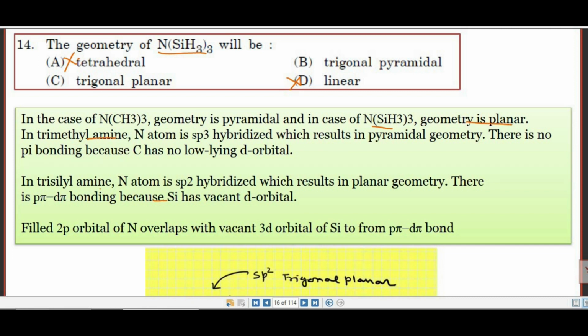In trimethylamine, the nitrogen atom is sp3 hybridized because it contains a lone pair of electrons, which results in a pyramidal geometry. There is no pi bonding because there is no d orbital. It has a lone pair of electrons and no d orbital, so it is a pyramidal structure.